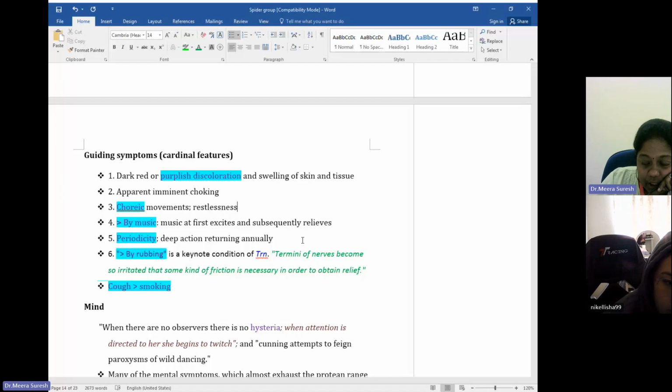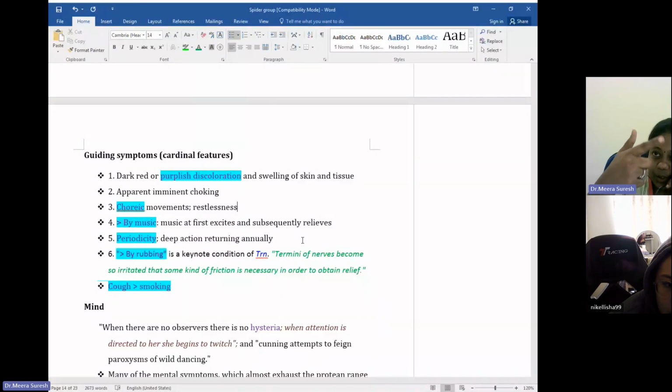But when we come to tarantula, when we are doing a rubbing, we are giving small pressure, but that is amelioration in case of tarantula. So in Theridion, the touch and even pressure was aggravation, but in tarantula, that pressure or rubbing is highly amelioration.